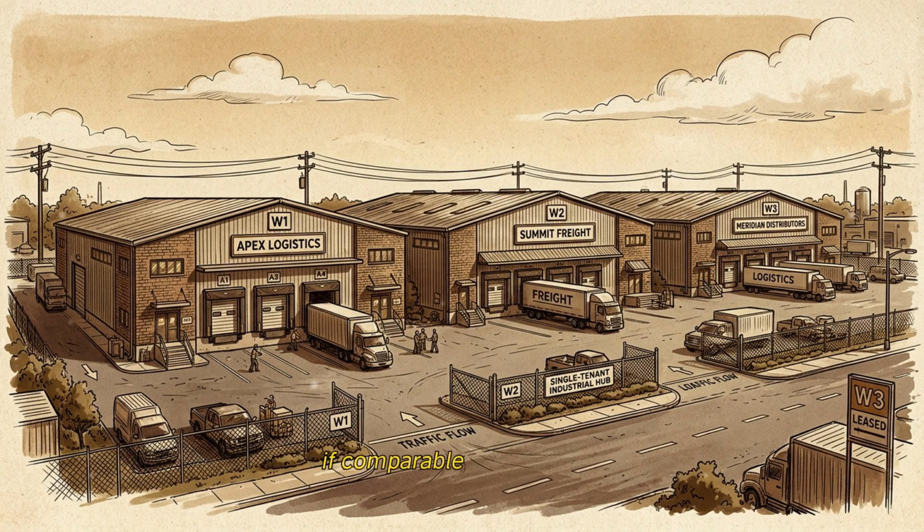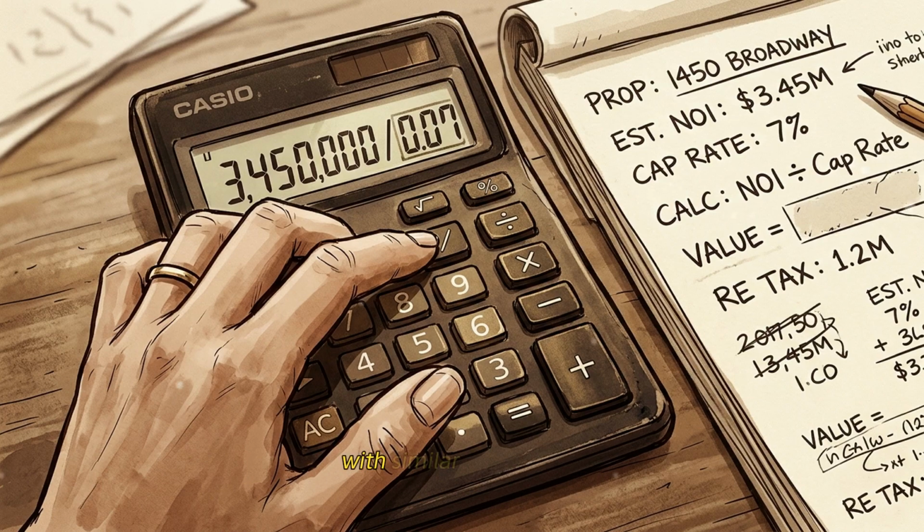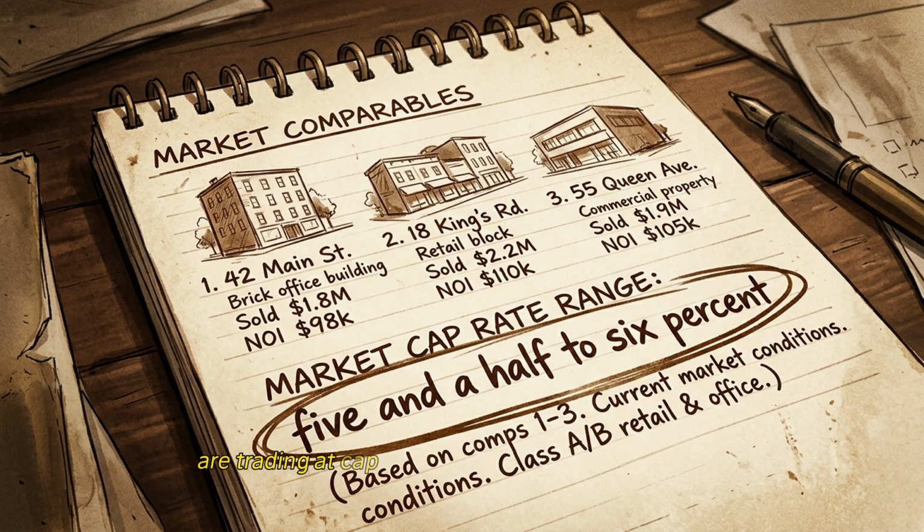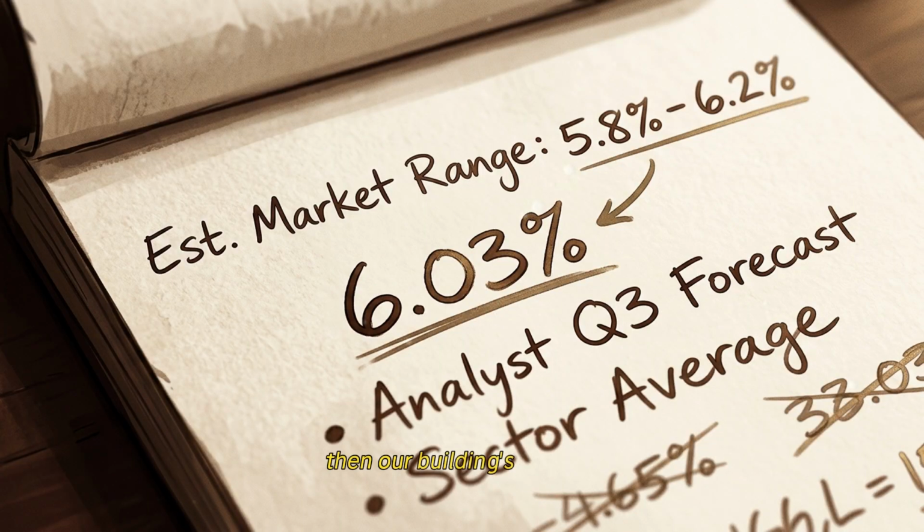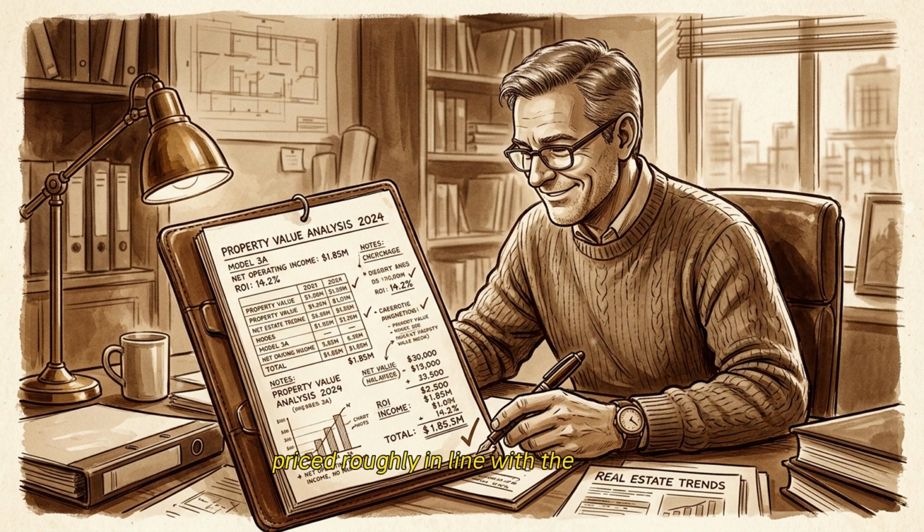If comparable single-tenant industrial buildings in this same submarket with similar lease terms and similar tenant credit quality are trading at cap rates around 5.5% to 6%, then our building's true 6.03% cap rate looks entirely reasonable, priced roughly in line with the market, maybe even slightly attractive.